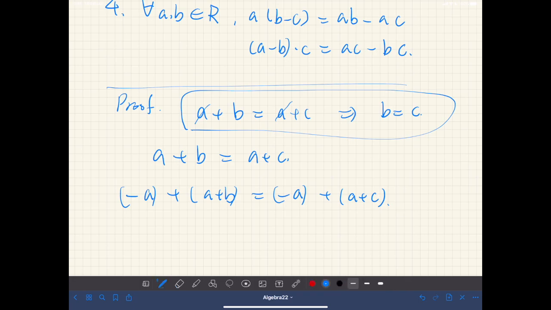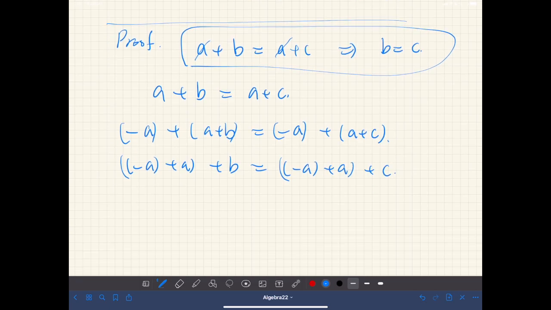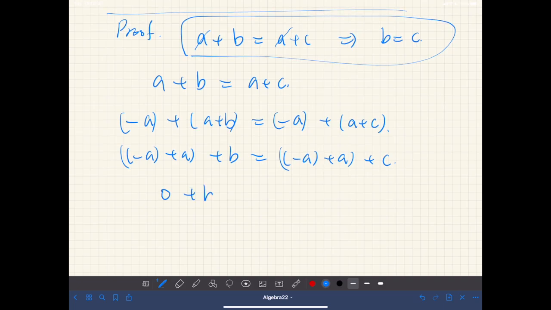Then using associativity of addition, we have negative A plus A plus B and negative A plus A plus C, so 0 plus B and 0 plus C. By the property of 0, we have 0 plus B is B, and 0 plus C is C. And we are done.